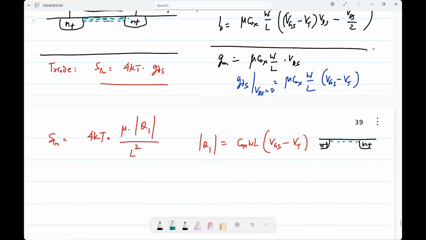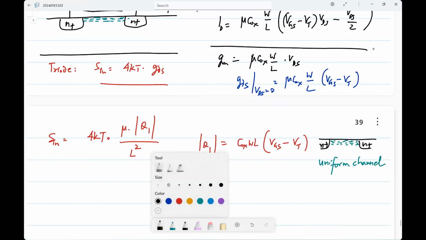So this is when you have a uniform channel between the drain and the source. And in the saturation region, what happens?